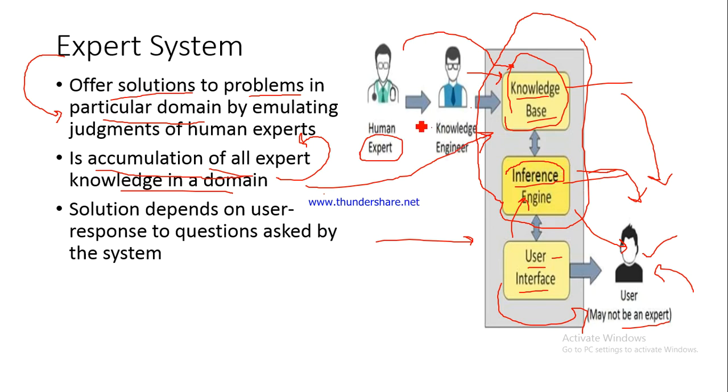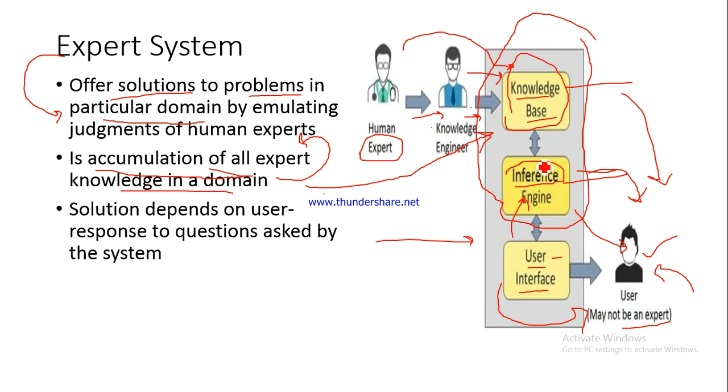Now please have a look at this. This is an arrow in just one direction, while there is an arrow in two directions. What do we mean by this? Again, please understand, the human expert is providing knowledge to the knowledge engineer, who is accumulating all that knowledge in the knowledge base, and then the knowledge base and the inference engine will interact with each other.